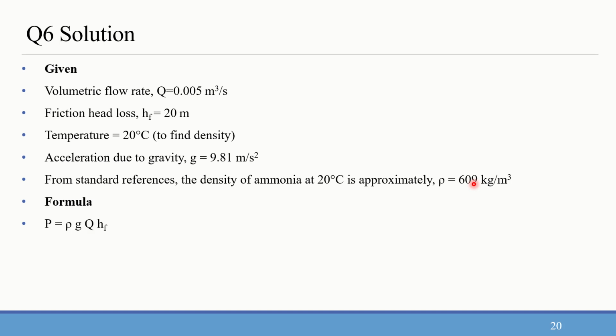The formula is P is equal to rho g Q into hf, and everything we know now, so we can directly do the substitution. So P is equal to 609 kg per meter cube, g is 9.81 meter per second square, Q is 0.005 meter cube per second, and hf is 20 meters.